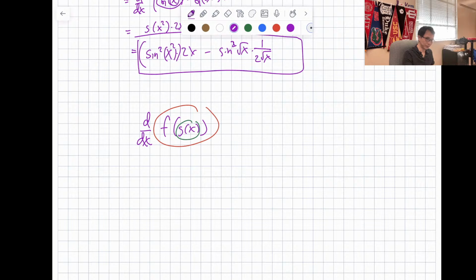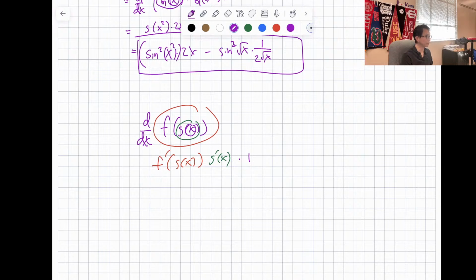So if I take a derivative of this, it's going to be f prime of g of x times g prime of x, and times 1, because the derivative of x is 1. So this is a proper chain rule.